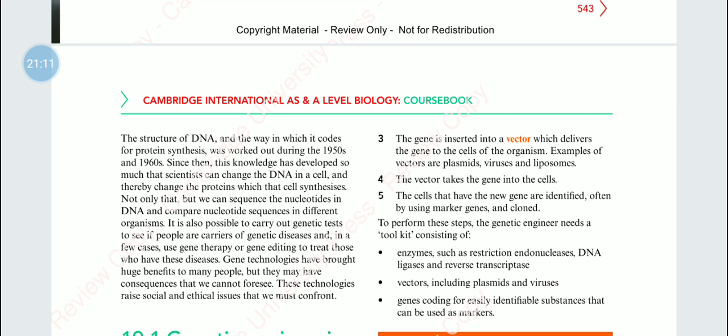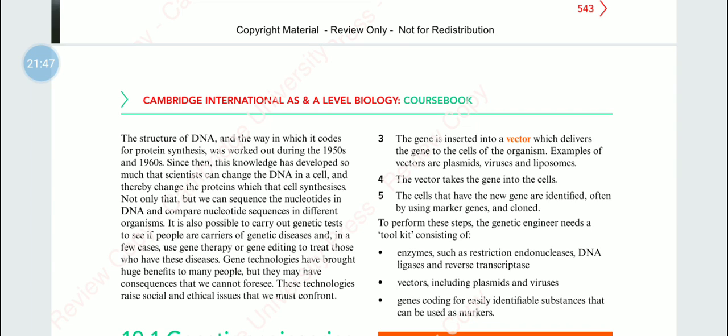Leave a line and write. Genetic engineer would require following instruments, within brackets tools, to carry out this process. Number 1, enzymes such as restriction endonucleases, DNA ligases, and reverse transcriptase.